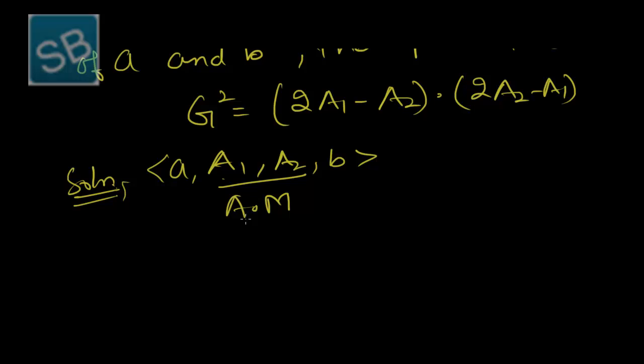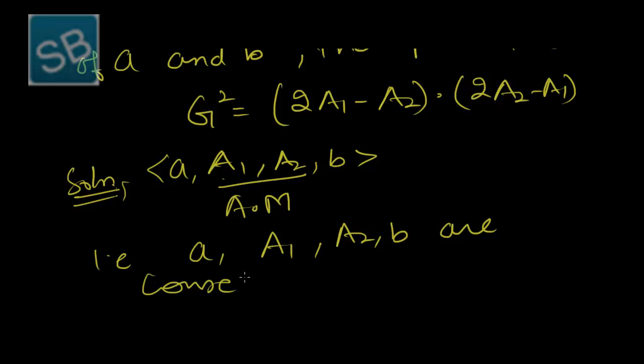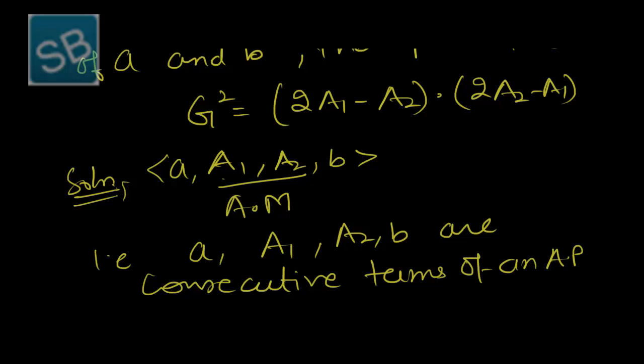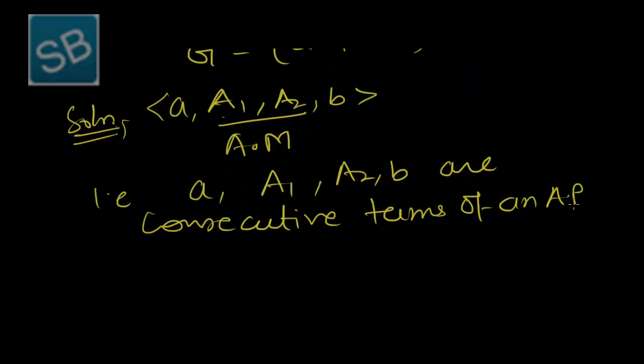If these are the means, that means A, A1, A2 and B are consecutive terms of an AP, that is, the common difference will be the same.